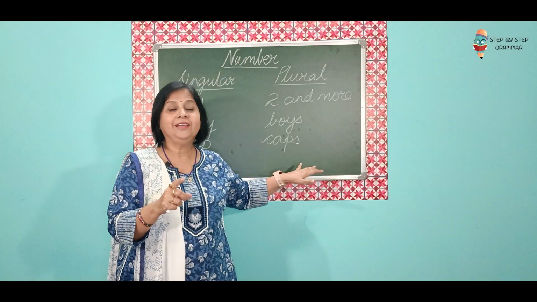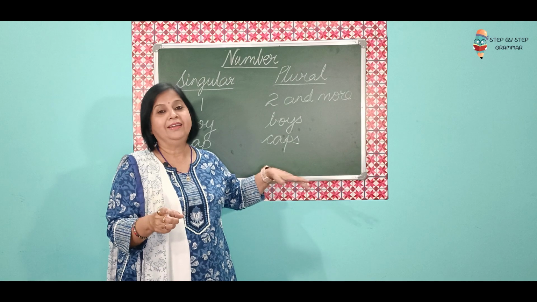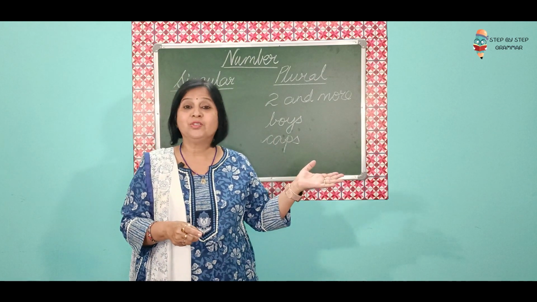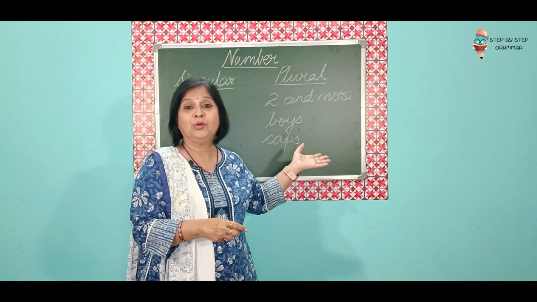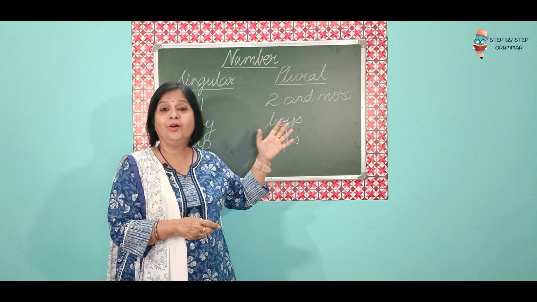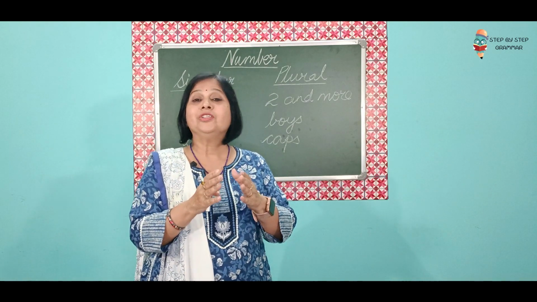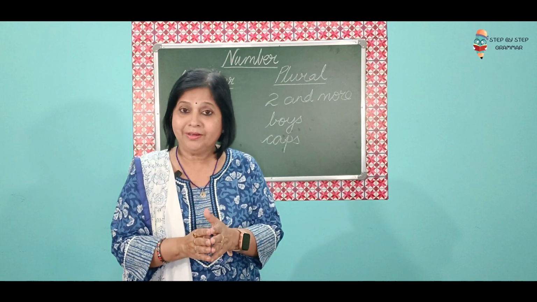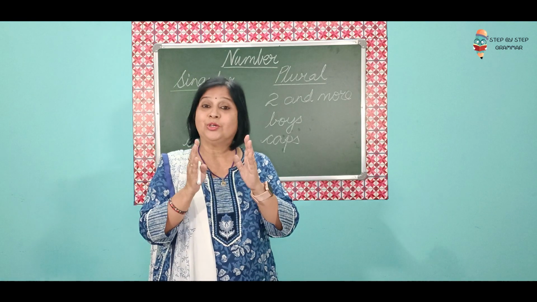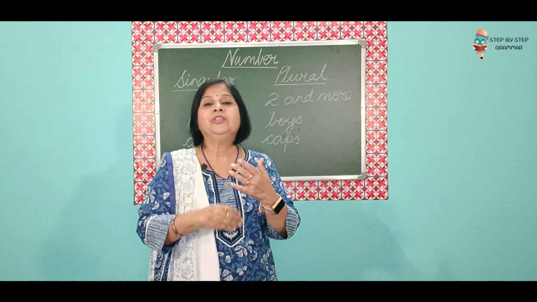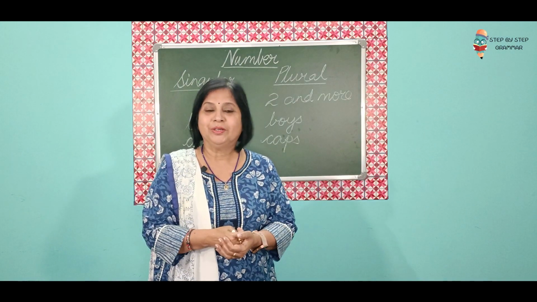So those are the uncountable nouns. And even the abstract nouns that we just saw in the previous video, we do not count them as singular or plural. And there are certain words which are always used in the singular. There are certain words which are always used in the plural form. Which are those? We shall be seeing it gradually.